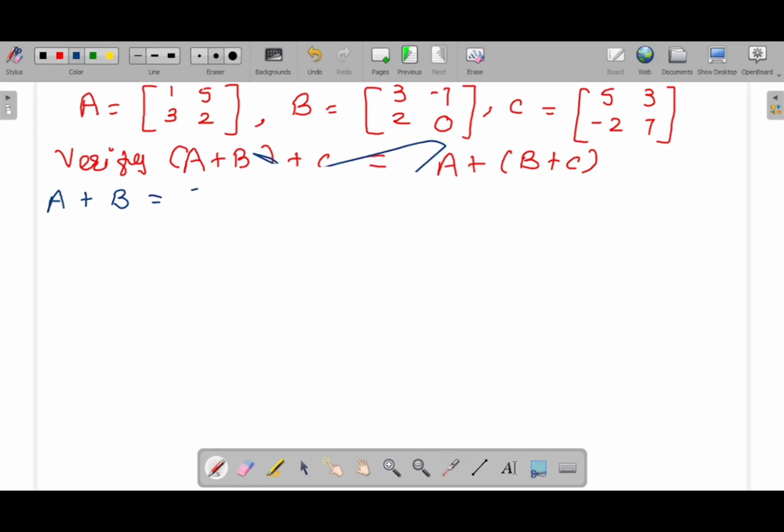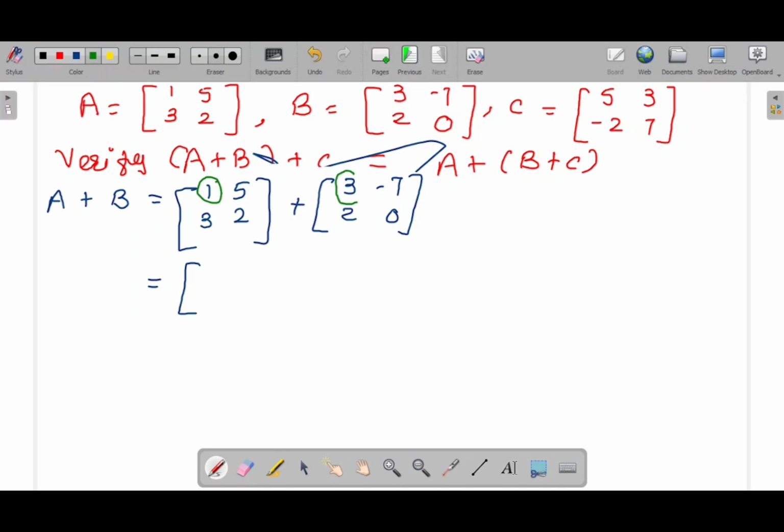So we again write matrix A, which is 1, 5, 3, 2 plus 3, minus 7, 2, and 0. When I add these, if you are okay with it, you can write the answer directly. I am adding the corresponding numbers 1 and 3.